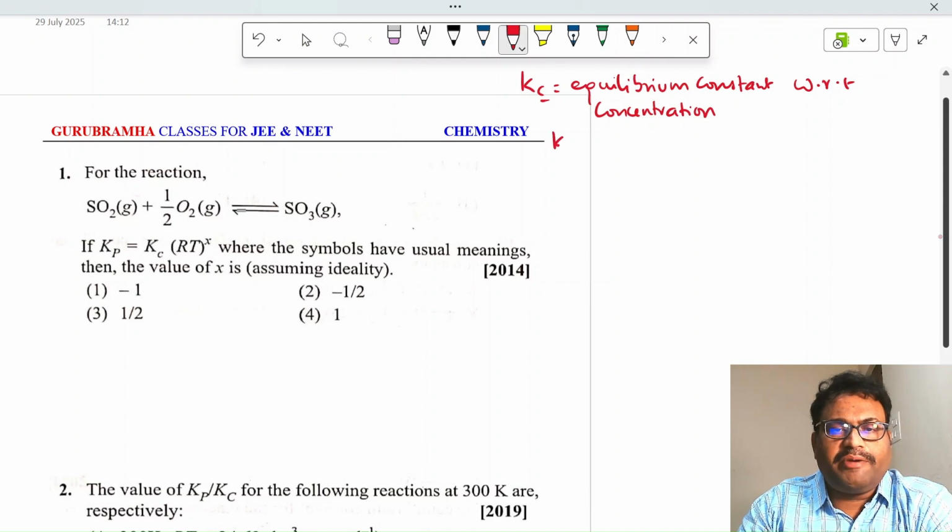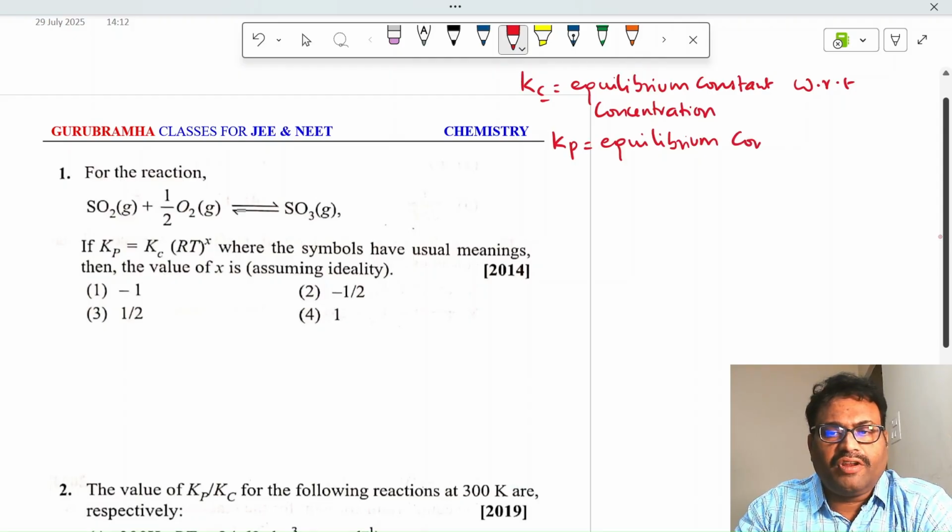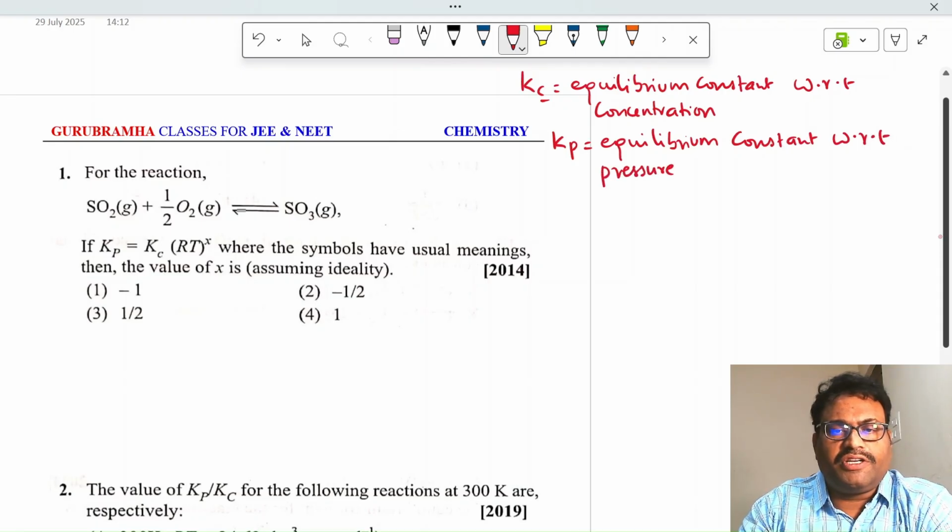And what is Kp? That is also an equilibrium constant, with respect to pressure of reactants and pressure of the products.